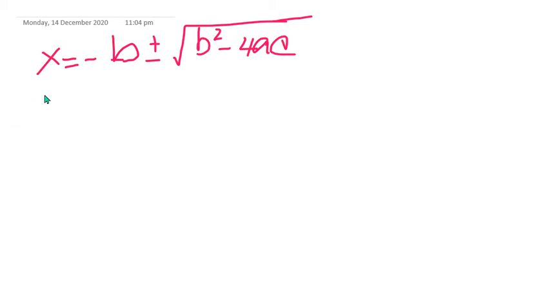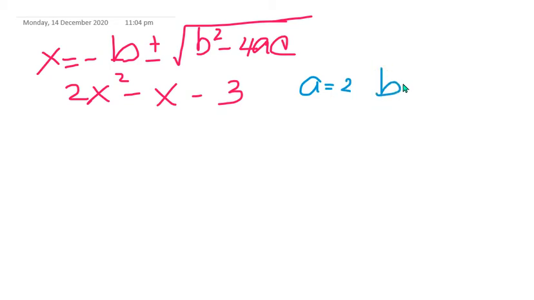So if we have 2x squared minus x minus 3, we're going to solve this using the quadratic formula. First, you're going to find the values: a is equal to 2, b is equal to negative 1, and c is equal to negative 3. Okay? Then, substitute into the formula.